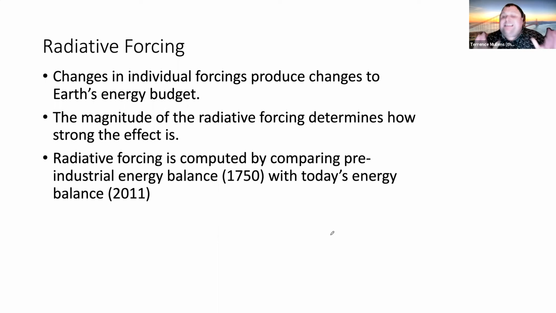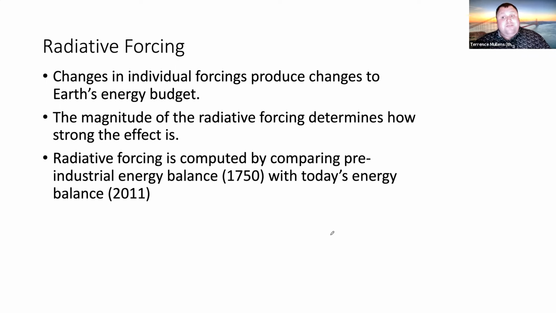It's not to say we had zero, but we had very, very little compared to today. And then we compare that to the 2011 energy budget. And the radiative forcings are basically what has changed between 1750 and 2011.